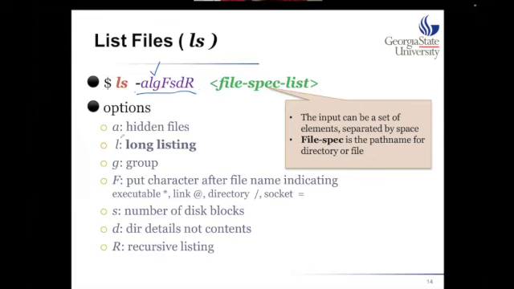For example, -a: even if it is a hidden file, please display it. That is your request with -a. If you specify ls -a, it means please display all the hidden files too. And if you use L, then please describe the characteristics in long listing format.